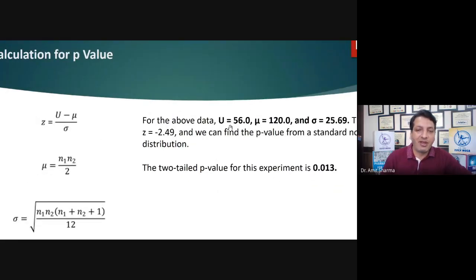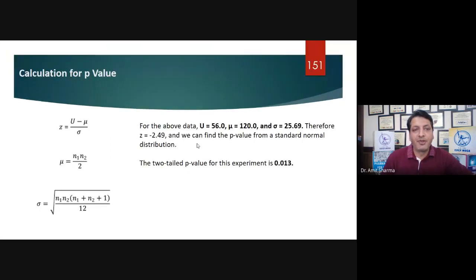This is an example I've taken from another problem, because if you want to calculate the Mann-Whitney test with the help of the formula, you can also get the value of U. But today's example which I have taught you is as per the magnitude rule.